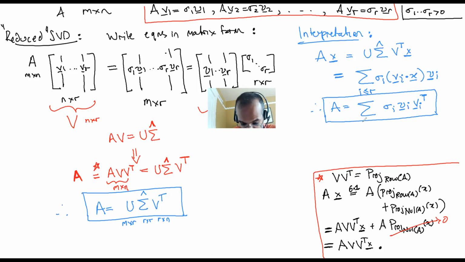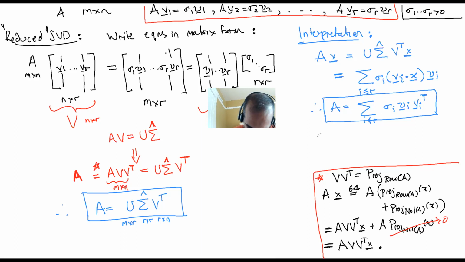And so what this means is you've written your matrix, which has rank R, as a sum of R rank 1 matrices, each of which does something very simple. It just takes a dot product with one of the right singular vectors and outputs that number times the corresponding left singular vector.